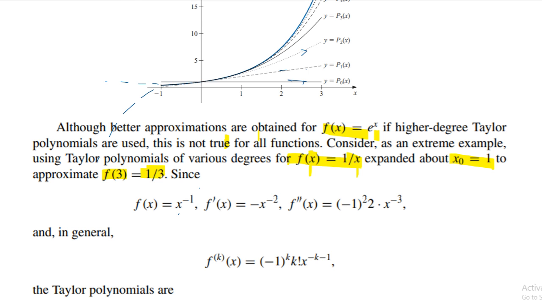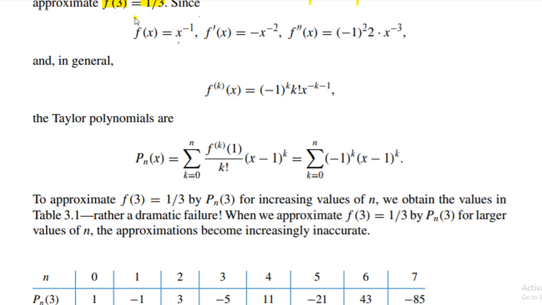So if you find the Taylor polynomials here, these are the Taylor polynomials up to any degree n, we are going till n. So for example, if I want to write p2(x) here, it means I have to start with 0 and go up till 2. So first will be minus 1 to the power 0 (x minus 1) to the power 0, plus minus 1 to the power 1 (x minus 1) to the power 1, plus minus 1 to the power 2 (x minus 1) to the power 2, right?